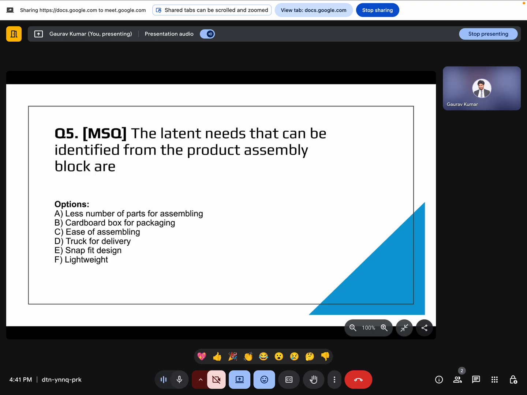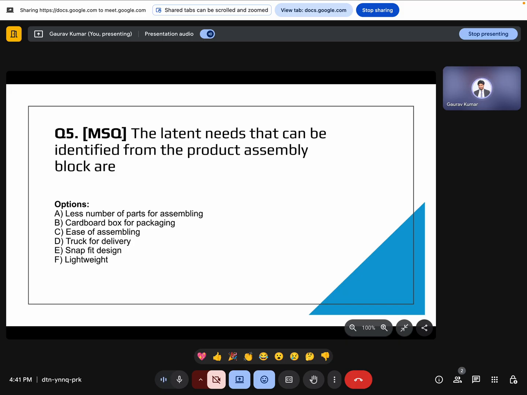So, latent needs are the unspoken or hidden needs that make assembly easier even though the customer may not explicitly ask for them. In a product assembly block, such needs include minimizing the number of parts, making assembly intuitive, and using snap fit designs instead of tools or screws.